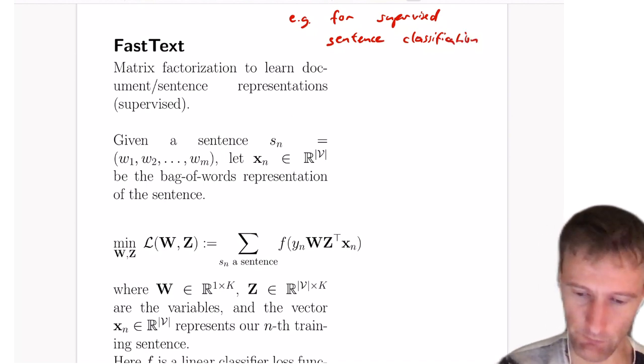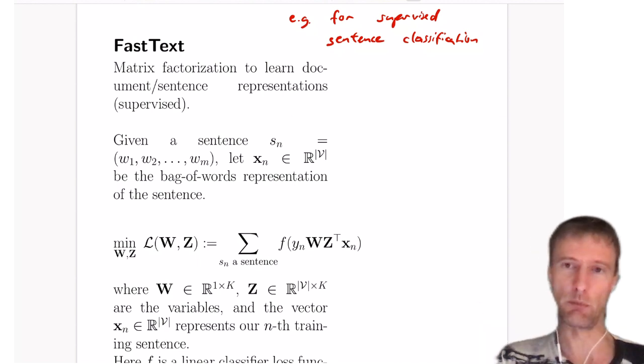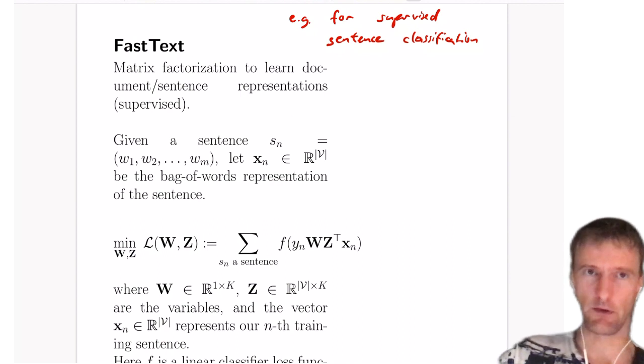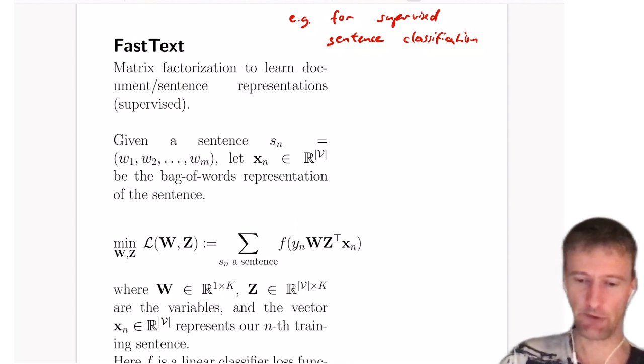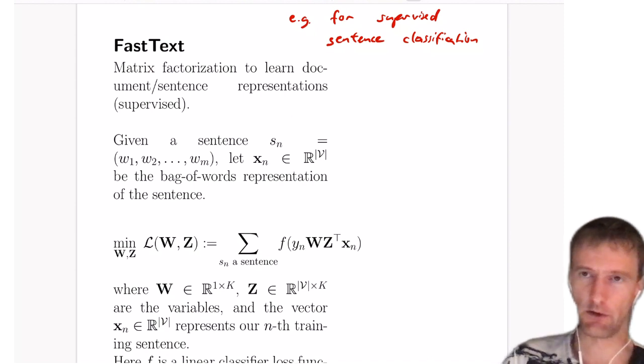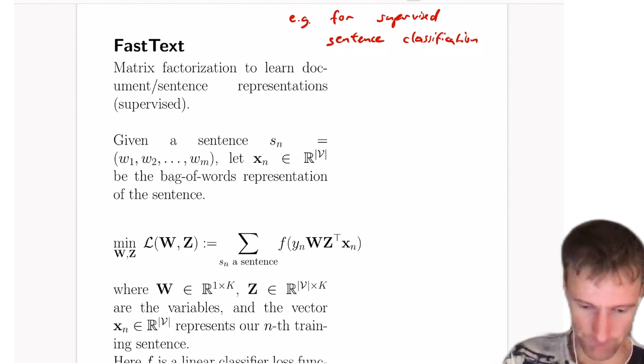You can take a sequence of words of variable length, so that's a sentence, or short text or paragraph, it doesn't matter. And you can do classification on top of that. I mention this one because it's also a very popular natural language processing library, a good software package which is extremely fast.